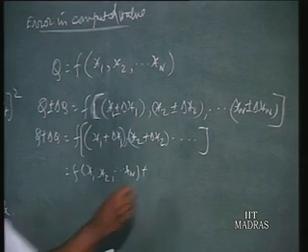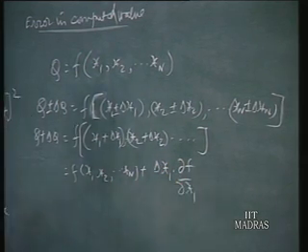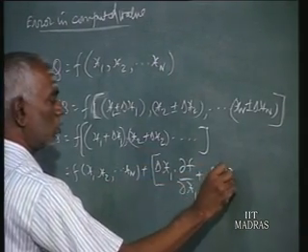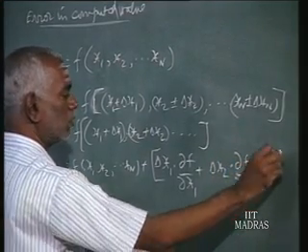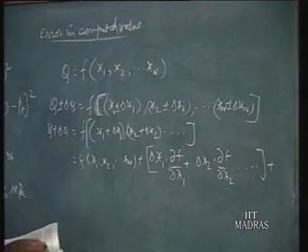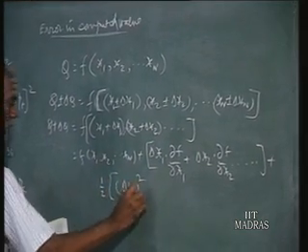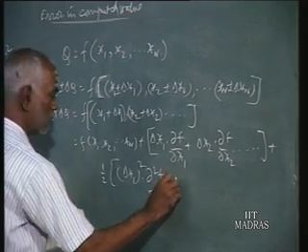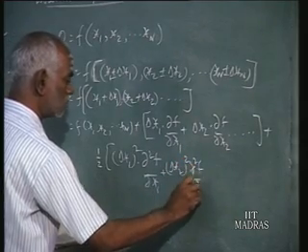delta x1 into dou f by dou x1. This is the delta x1 term, plus delta x2 into dou f by dou x2, like that, plus half of delta x1 squared into dou squared f by dou x1 squared, and delta x2 squared into dou squared f by dou x2 squared, and so on.